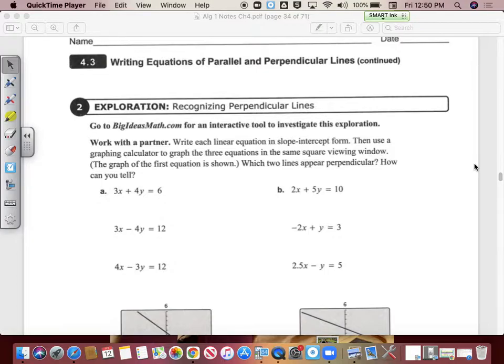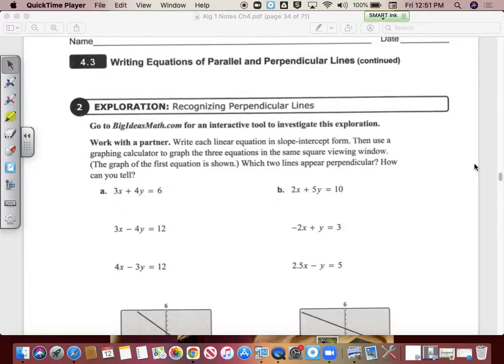Today we're going to be looking at perpendicular lines, which is quite the opposite of parallel lines. Parallel lines never touch because they have the same slope, which gives the lines the same angle, so they run alongside each other. Perpendicular lines do cross. They cross at one point, and when they do, you'll see that the lines create four right angles, meaning they cross at an angle that creates four 90-degree angles.